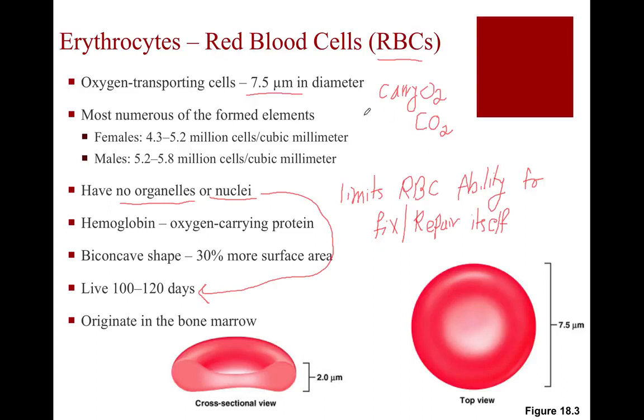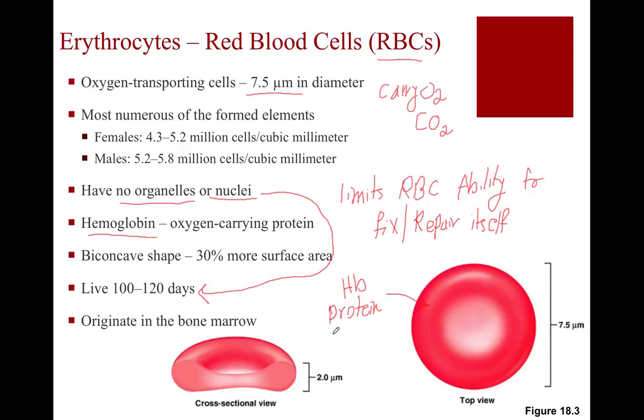Now, if I look inside these red blood cells, what are they packed with? They are packed with hemoglobin protein, as mentioned here. Hemoglobin protein is the one that actually carries the oxygen within the red blood cells.